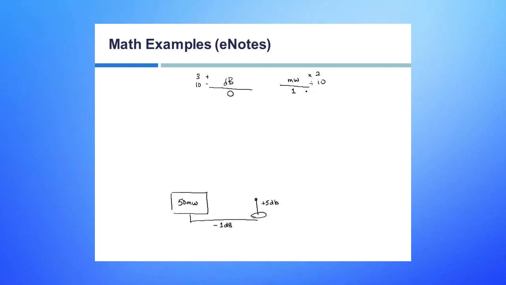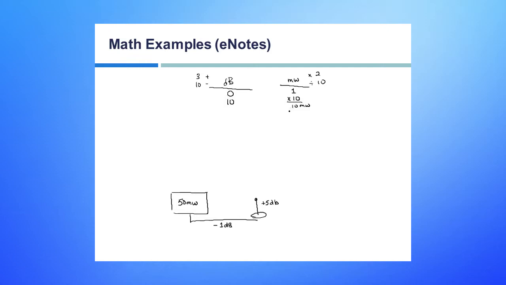What I can do to be able to figure it out, because last time we went from 1 to 100, and it was easy because what do we do? We multiply by 10. So let's just say we multiply it by 10. Then I'd be at 10 milliwatts. And when I multiply it by 10, the dBs are going to become 10, because I'm just adding, in this case, 10.